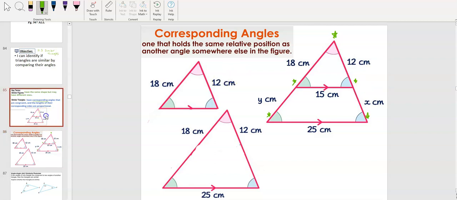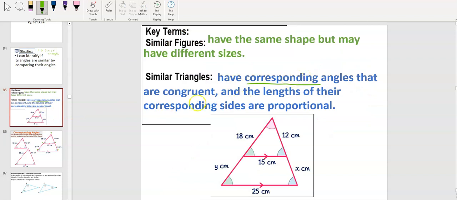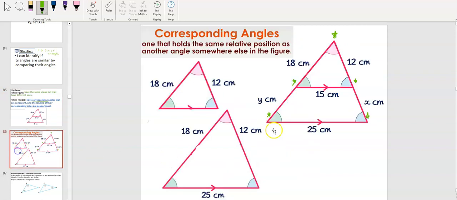Okay, so going back to our definition, their corresponding angles are congruent and the lengths of their corresponding sides are proportional. So what that means is if I were to make a ratio of this smaller triangle over the larger triangle, we don't know what the size of the sides of the larger triangle is here.